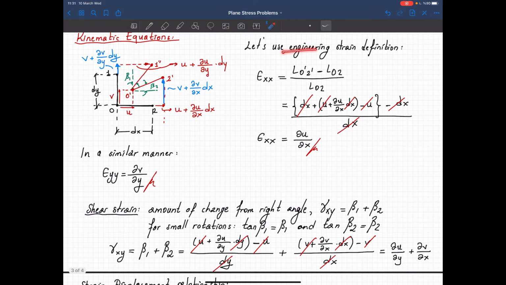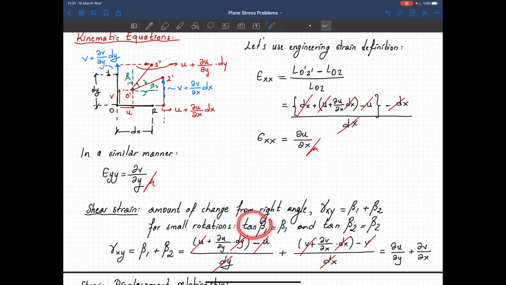We use engineering strain, right? So deformation divided by the original length, and this is the equation for the axial strain. This is again an equation for the axial strain in y direction. While calculating the shear strain, we assume a small rotation.